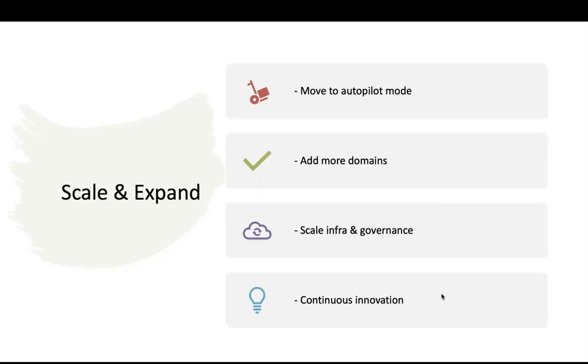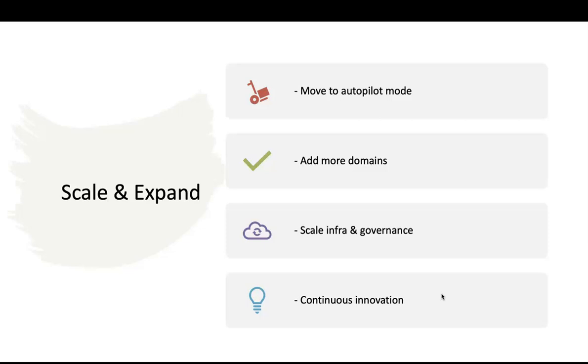The next one is scale and expand. What is meant by scale and expand? Initially, when you develop, you won't develop on a large scale, right? First you will launch the product and see how many customers are using it. Based on the demand, then you can expand it.